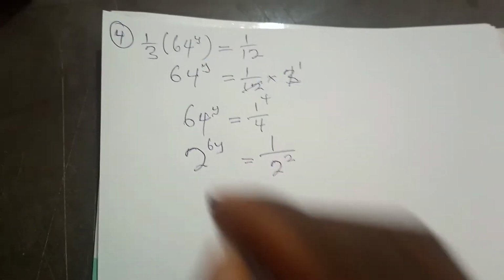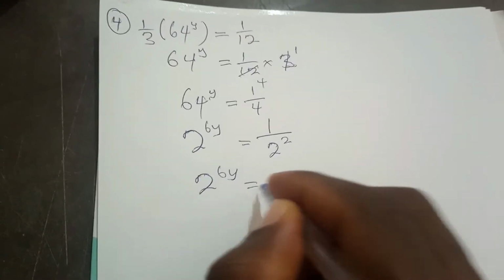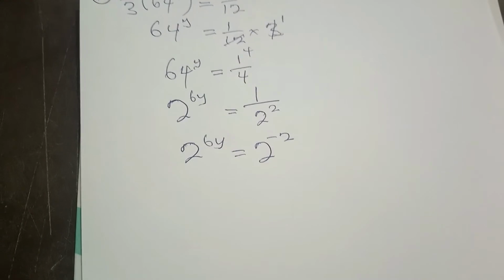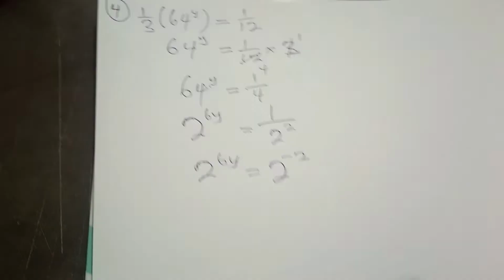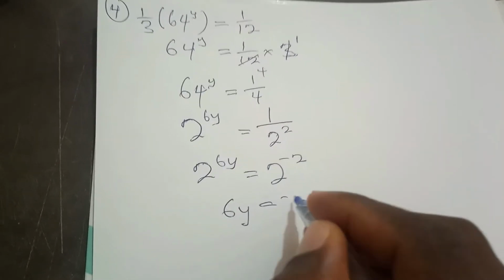So that means 2 exponent 6y is going to give us 2 exponent negative 2. All right. Now they have common bases, so 6y will be equal to negative 2.